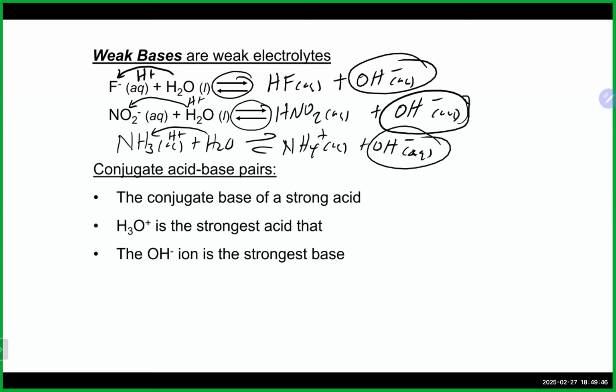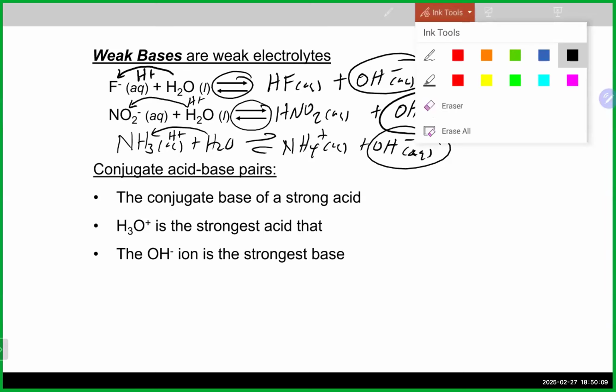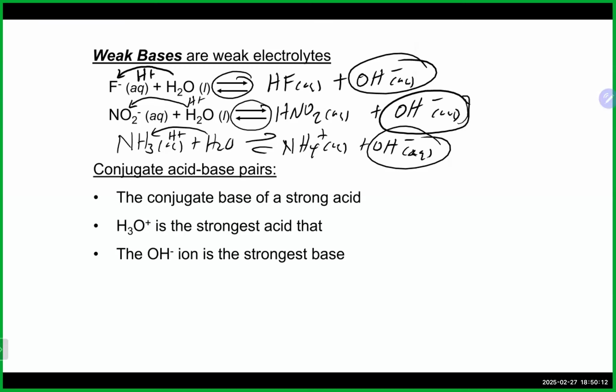Now, the conjugate base of a strong acid. There is a relationship between acids and their conjugate base pairs, and it's really an important relationship that we will see later on in this chapter. For example, if you have an acid, its partner is the conjugate base.